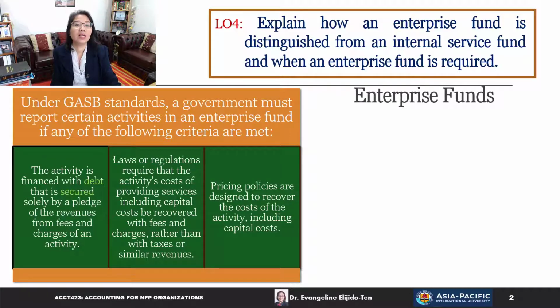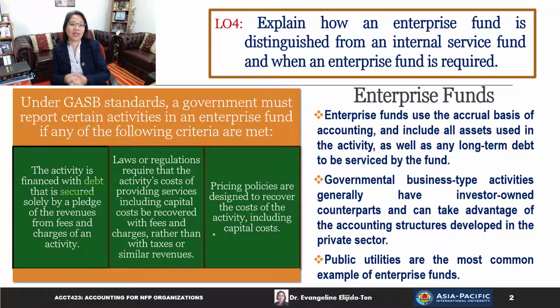Second, the laws or regulations require that the activity's costs of providing services, including capital costs, must be recovered with fees and charges rather than from taxes or similar revenues. And third, when the pricing policies are designed to recover the costs of the activity, including the capital costs.